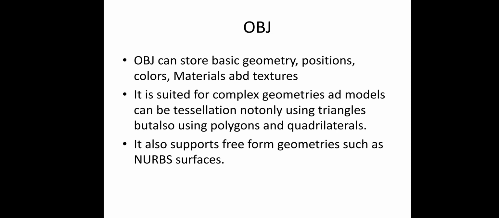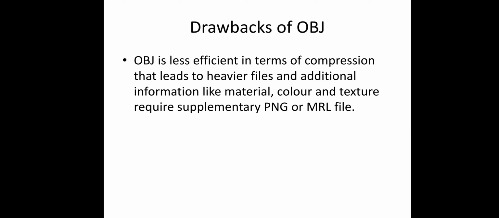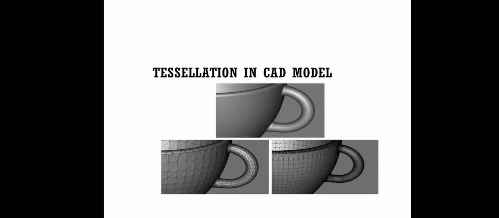It also supports free-form geometry such as NURBS surfaces and other surfaces. OBJ is less efficient in terms of compression, which leads to heavier files, and if additional information like material, color and texture is needed, it requires supplementary PNG files. So it is a major drawback of the OBJ format. It is also not accepted by additive manufacturing manufacturers. It was developed by Wavefront Technologies.